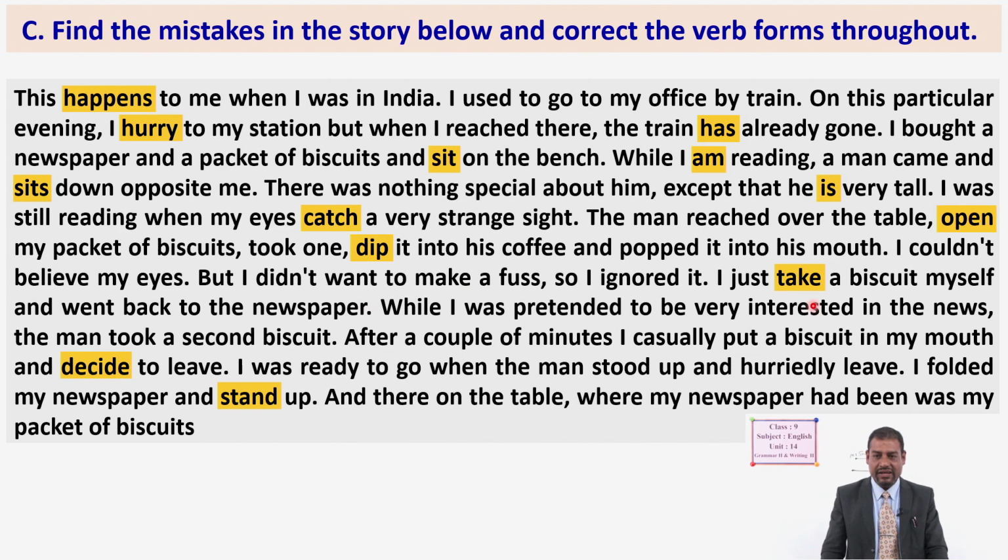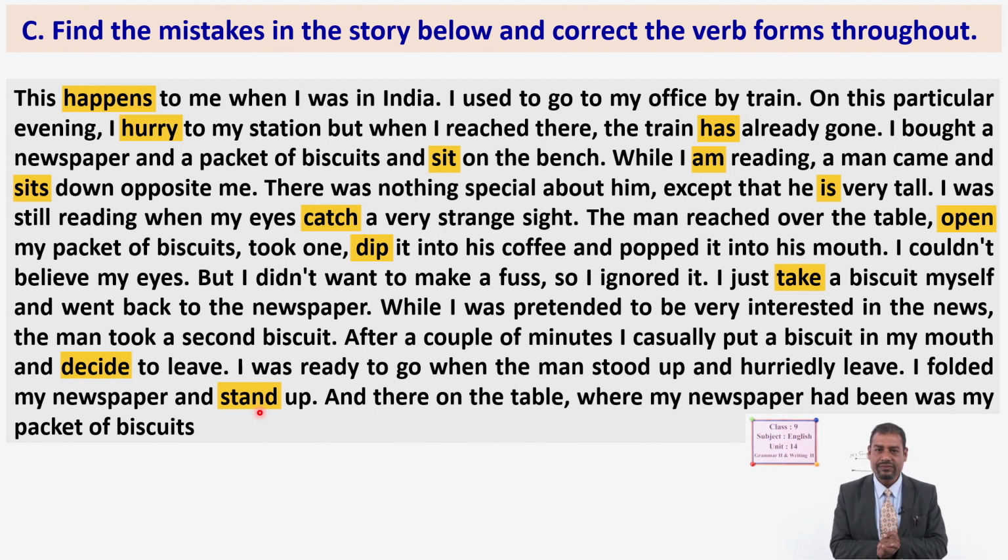Likewise, you can correct these mistakes with simple past tense, like take should be changed into took, decide should be changed into decided, and finally stand should be changed into stood, stood up.